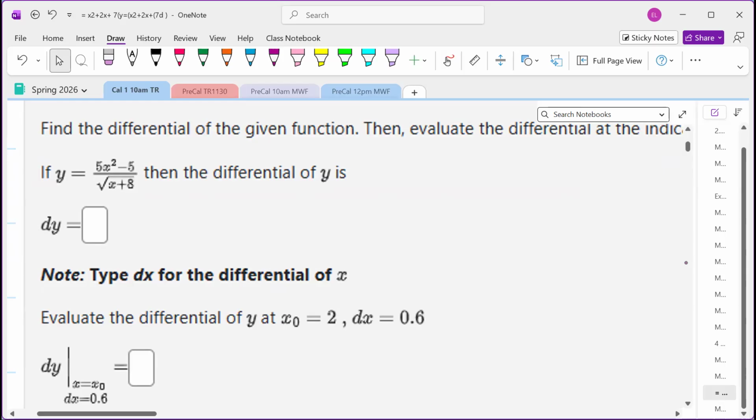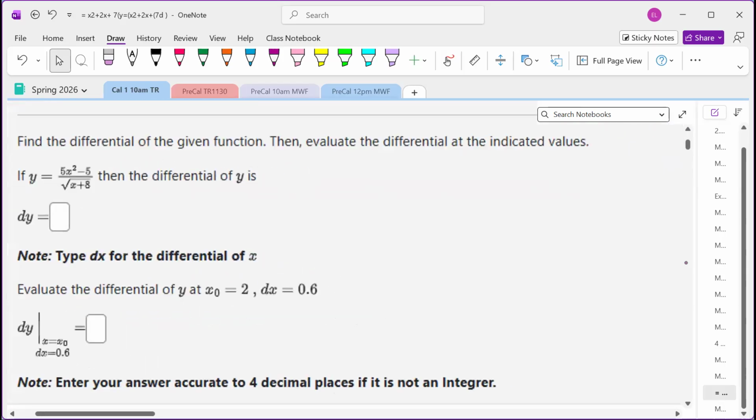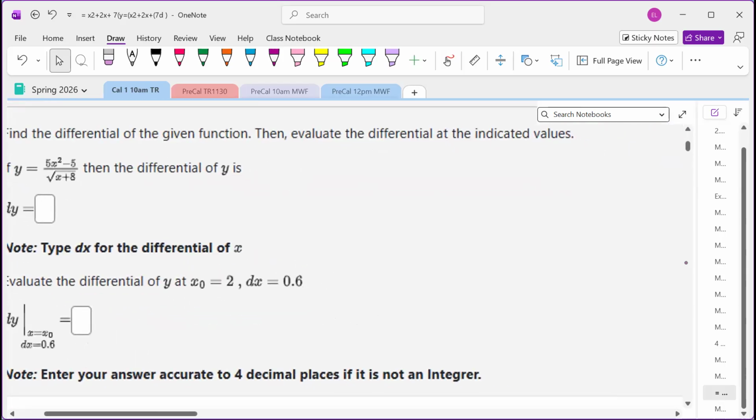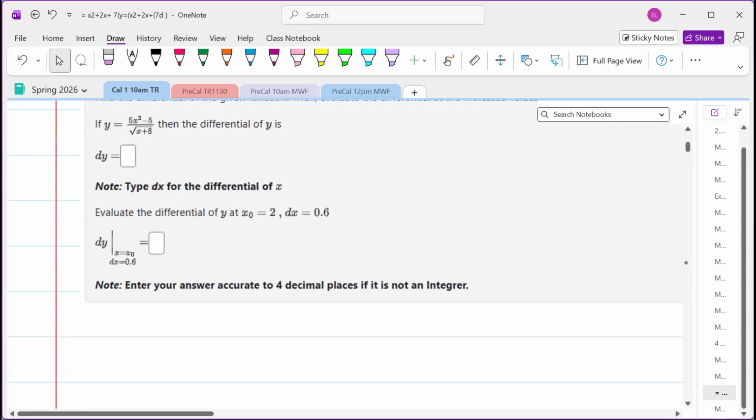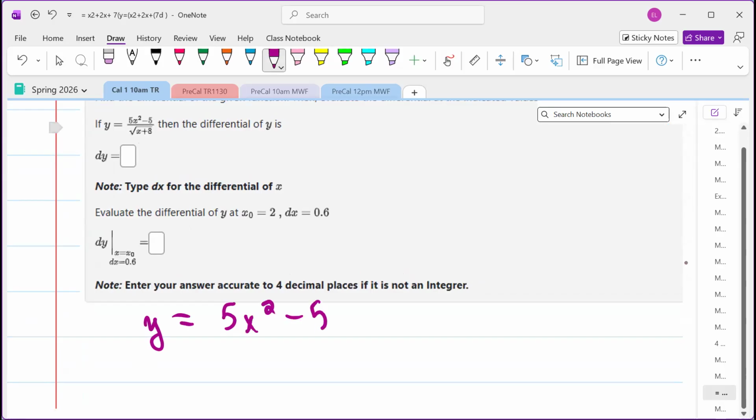So I'll go with the quotient rule here, but it's ugly. Now, first change I'm going to make, not doing a derivative, I'm just changing out the square root for the 1/2 power.